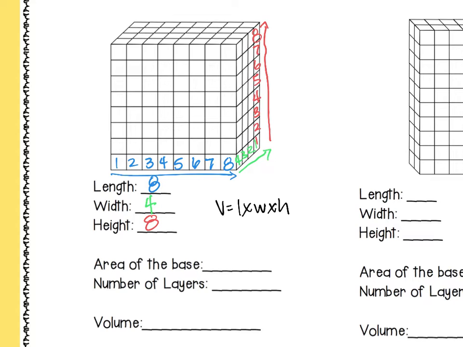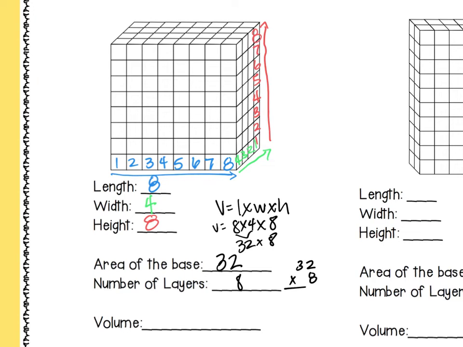So, in order to find this volume, I need to know that 8 times 4 times 8 is my formula. And when I multiply 8 times 4, that is going to give me the area of the base. So that's going to be 32. The number of layers that I have is 8. So I have 32 times 8.